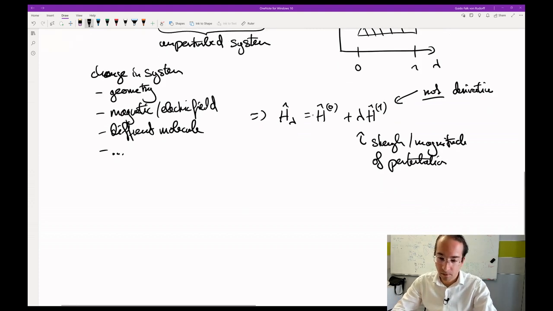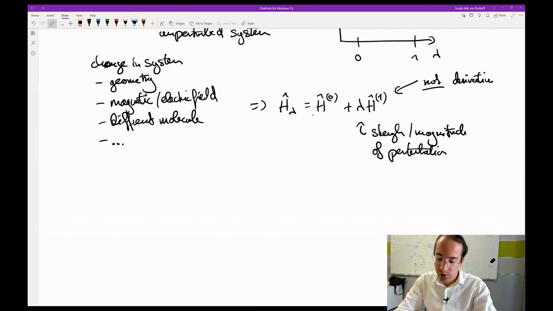Now, this way you have a clear separation. You know that the Hamiltonian of both together, so the one approximating the Hamiltonian of the target system, is the reference plus some minute change.